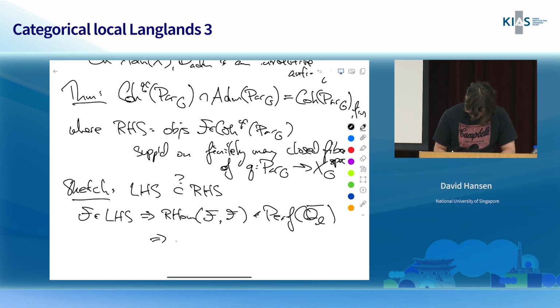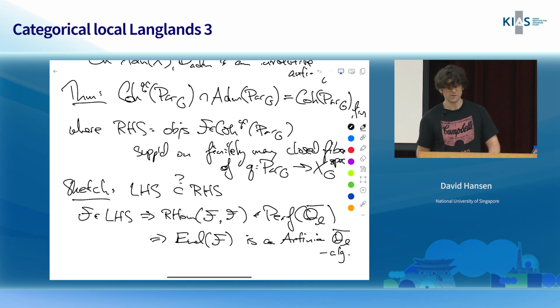In particular, endomorphisms of F. This is an Artinian algebra. And if you think about what this means relative to its support, right, the support of this sheaf will be sort of a closed subscheme cut out by this ring, if you like. And if this is Artinian, that means that it just has to live at finitely many of these fibers, okay?